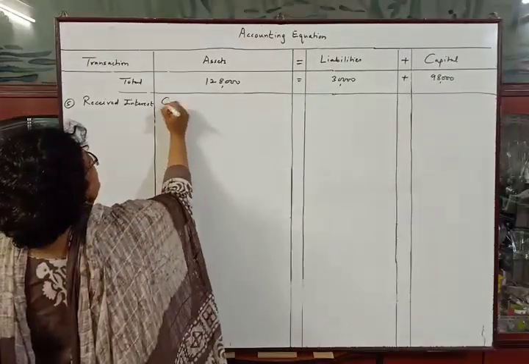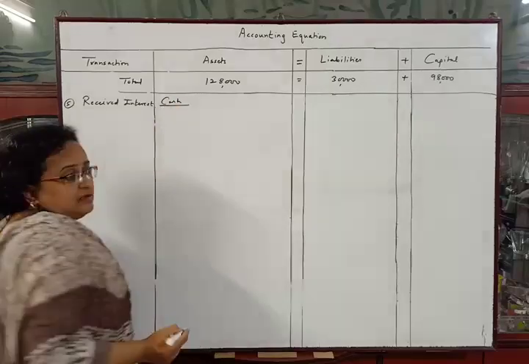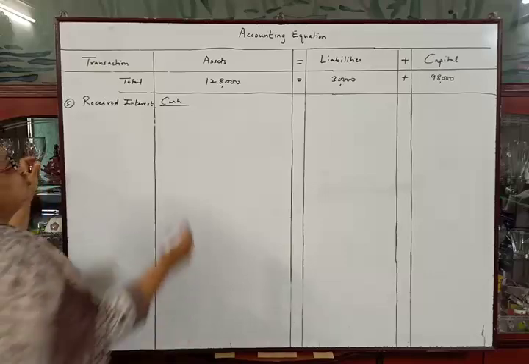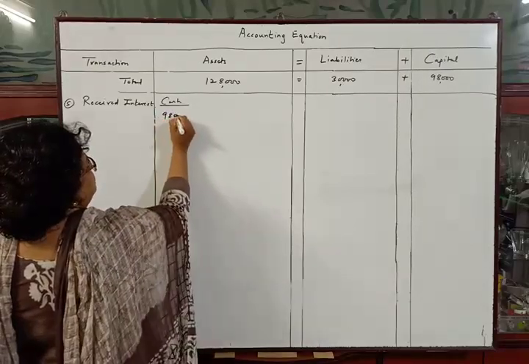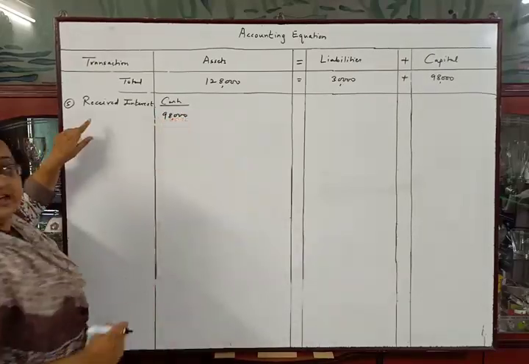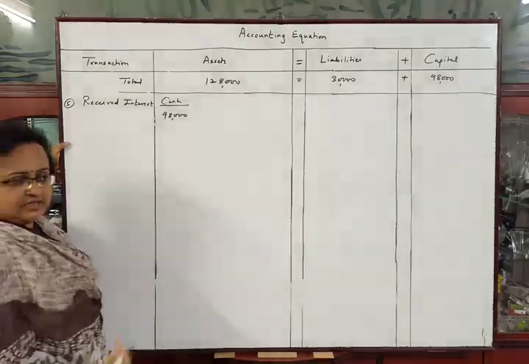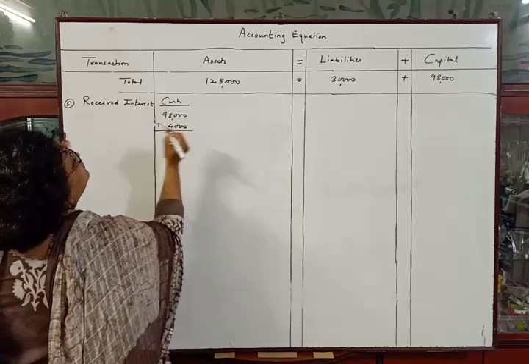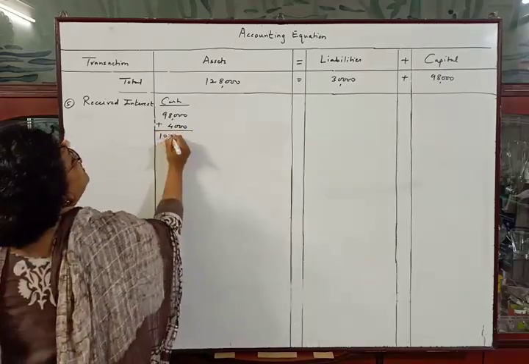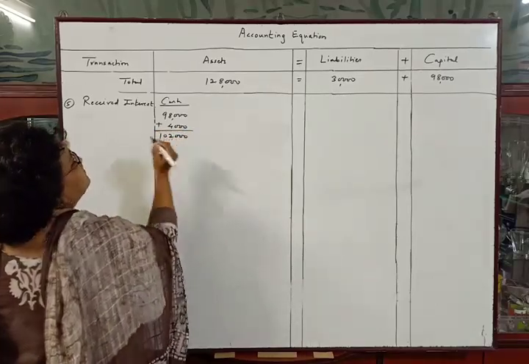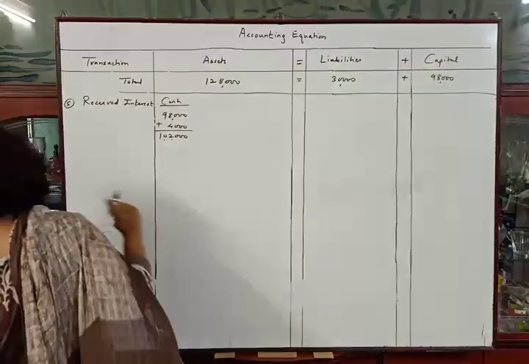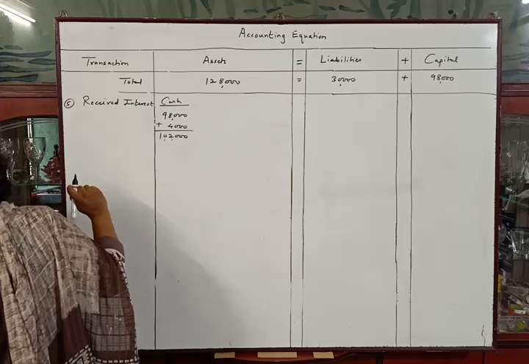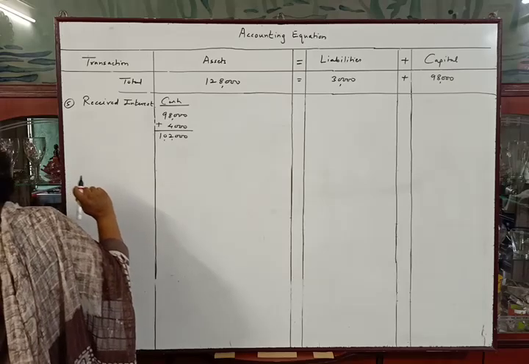So now cash. See the cash in this total, the cash was rupees 98,000. As we are receiving interest, our cash will increase by rupees 4,000. So add 4,000 in this cash. So the total will be 1,02,000. Okay, and there are two other assets, that is furniture and goods.